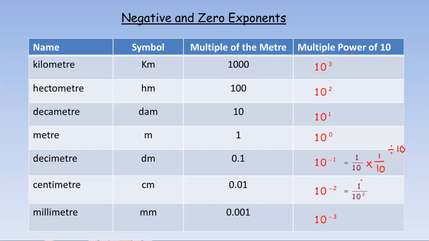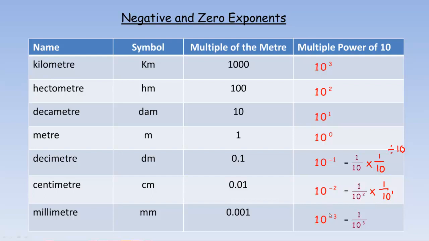So 1 times 1 is this 1 here in the numerator. 10 times 10 is 10 squared in the denominator. So if I take this and divide it by 10 or multiply it by 1 over 10, 1 times 1 is 1. 10 squared times another 10 is 10 to the third. Just remember, you add the exponent. There's actually 3 tens in that product.